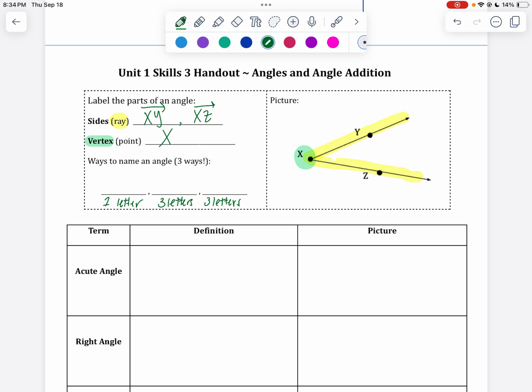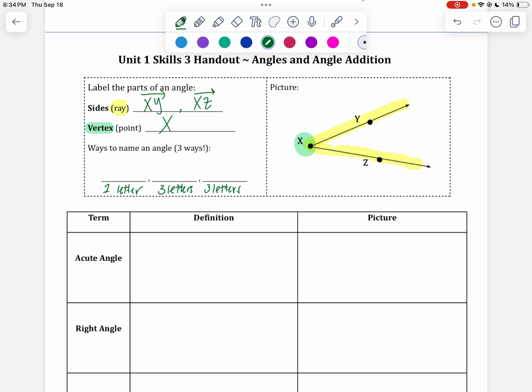Cool. All right, to name your angle, there are three ways. The first way is just one letter, and this is just straight up taking the vertex. So I'm going to put my little angle symbols. These are super important, right? And I'm going to first label angle X. The next one, I just need to make sure that X is in the middle of my 3-letter combination, right?